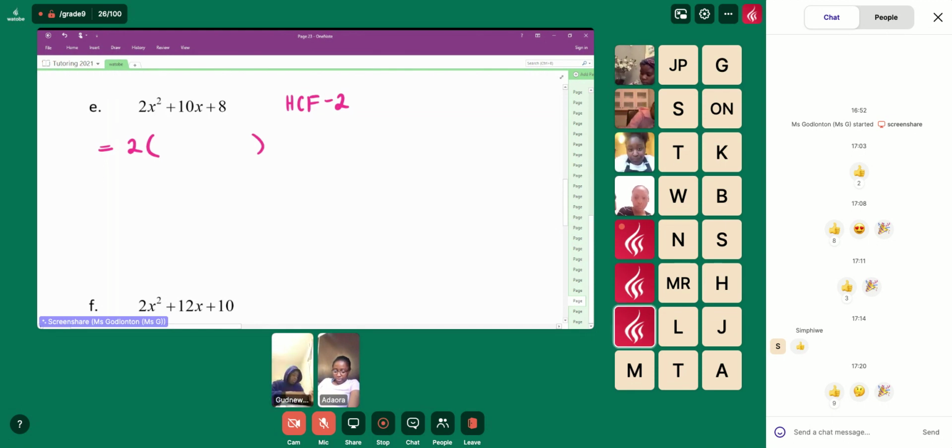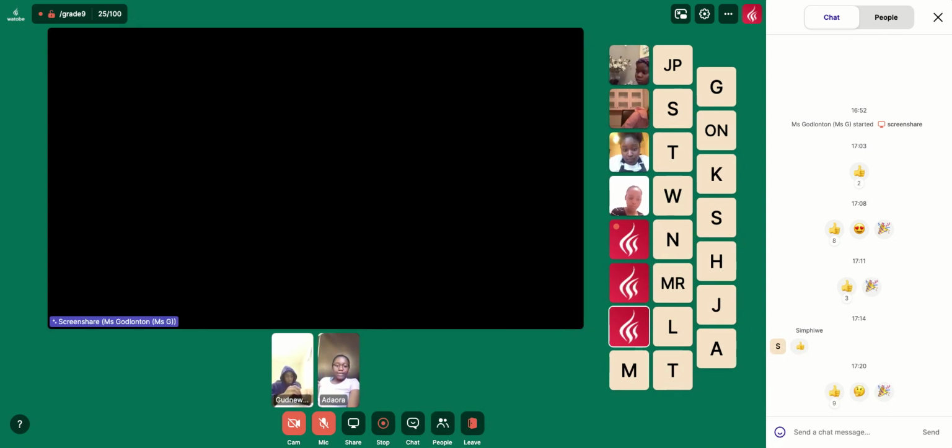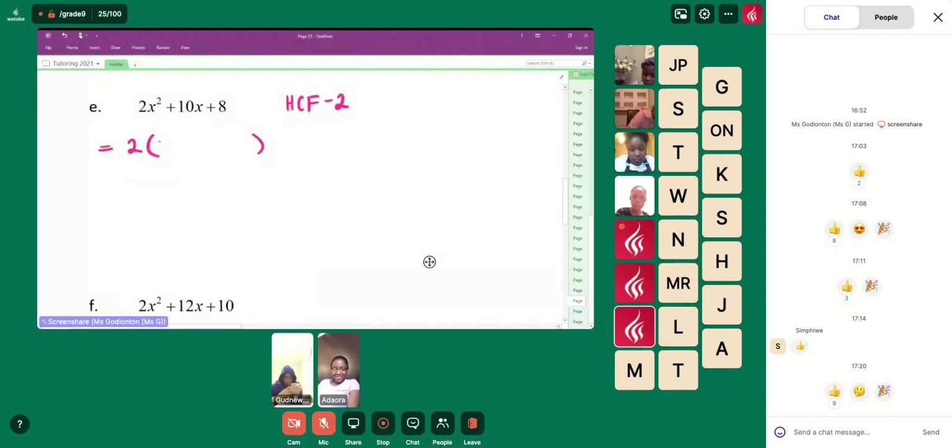Do you feel okay to give those a try? So we're going to have x squared, and then we need to times something here. So 2 times what is going to give me 10? 5. Beautiful. So that's going to be 5x.